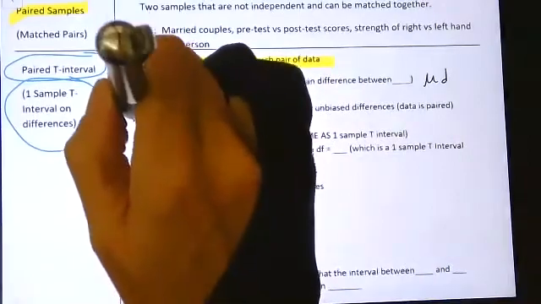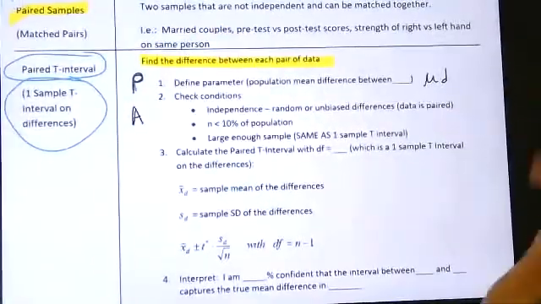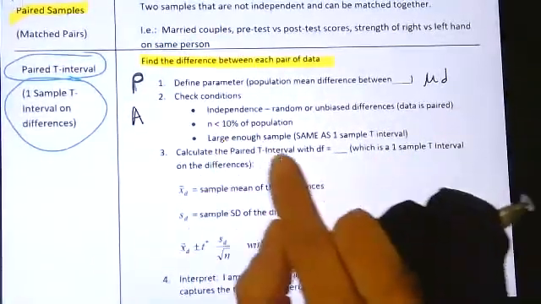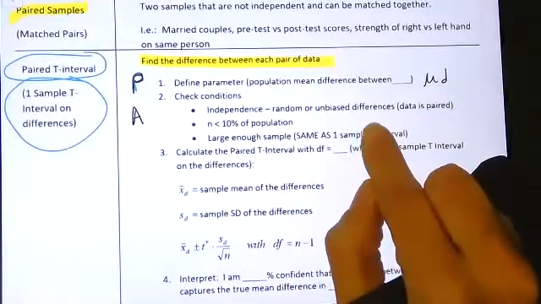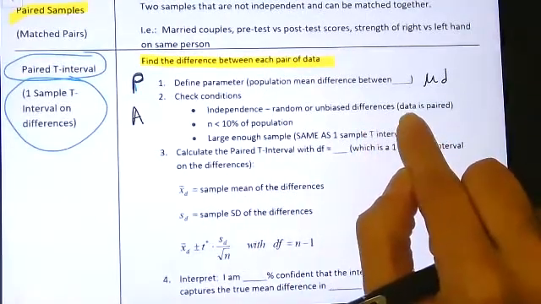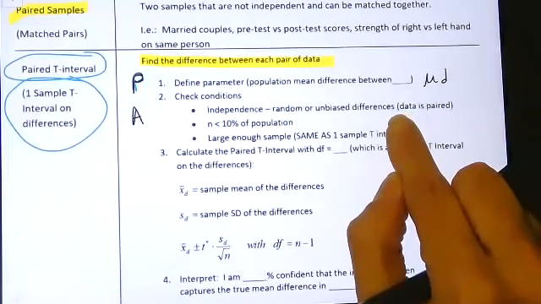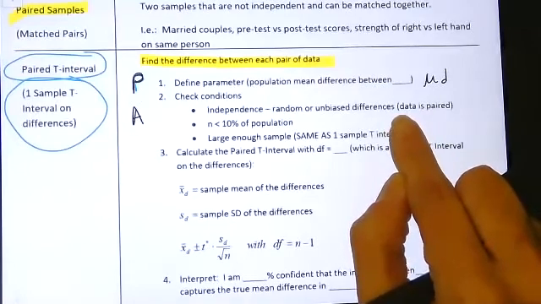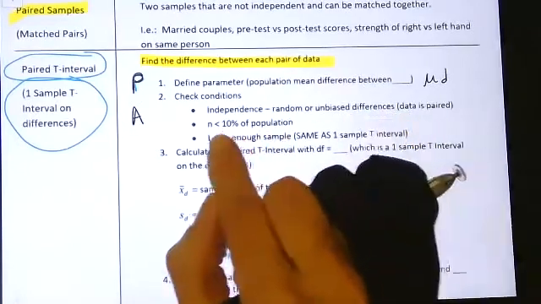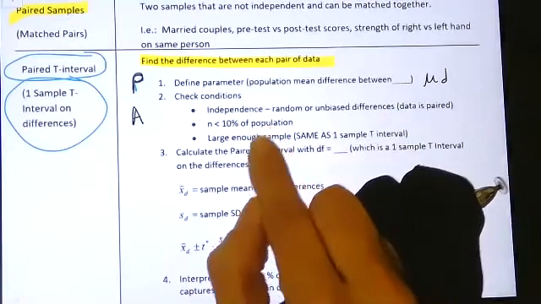Okay, we next check our conditions. So we still need independence and we need random or unbiased differences. So the data is paired, so we're not expecting independence between the values, but we're expecting independence between the people. So we do that by checking 10% of our population.